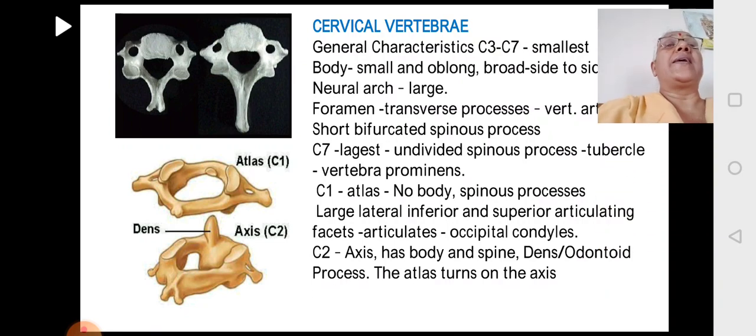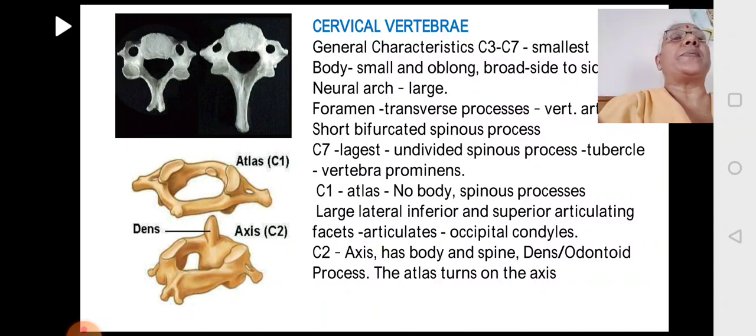And if you look at the atlas, the middle picture here, you will see there are two facets, and these are the facets which will articulate with the condyles present in the occipital region of the skull. The base of the skull is called the occipital region, where you have got two occipital condyles.